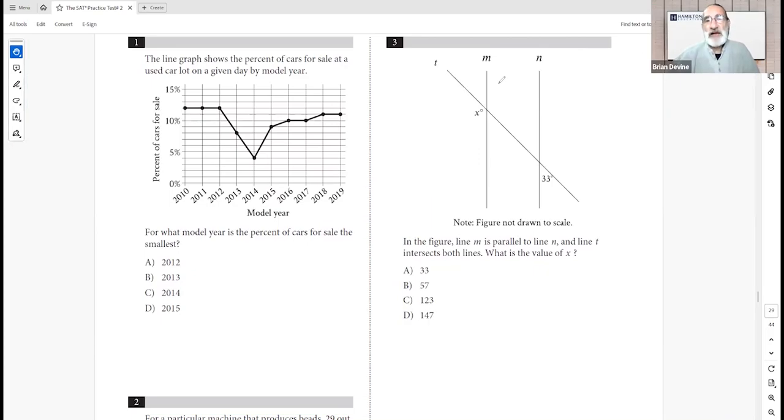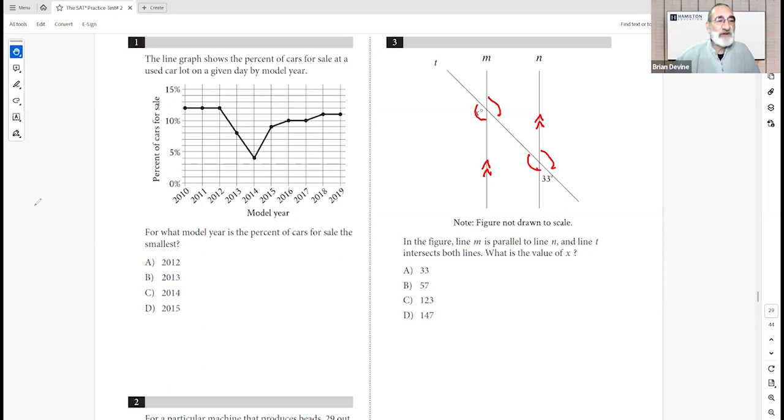Question 3 on Module 1. We're given that M is parallel to N. So we know that we have parallel lines. These two here have the same slope. Now, T is intersecting both lines. And since they have the same slope, then we have this idea of vertical angles being congruent and alternate interior angles being congruent and alternate exterior angles being congruent.